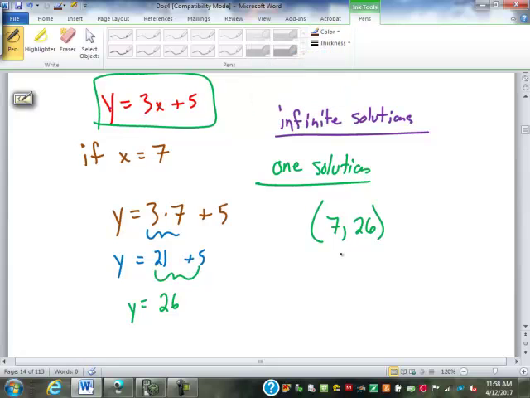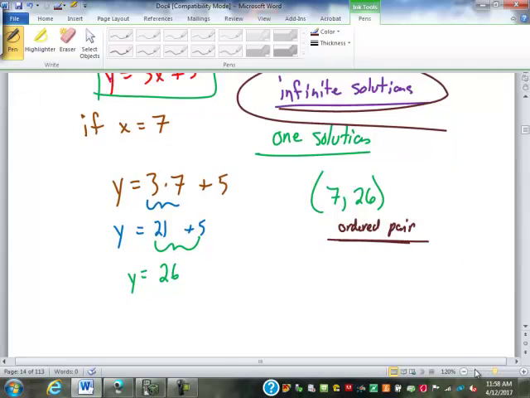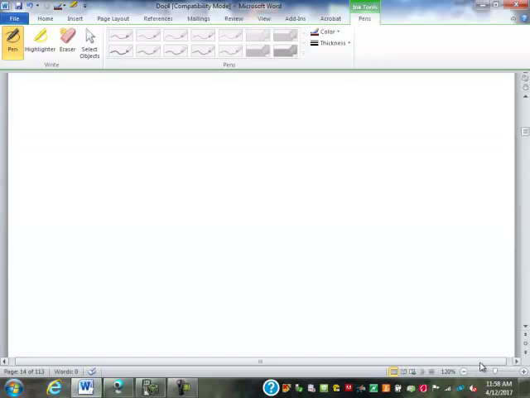Now again, that's an ordered pair. And as you mentioned, there's an infinite number of ordered pairs that make that equation true. So to display them, we use this graph.